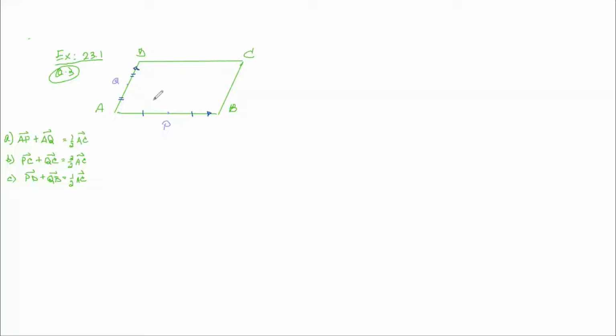Then we start to form this information because we know ABCD is a parallelogram. So we are going to use the formula to do question A. Because ABCD is a parallelogram, we have the formula of this one.